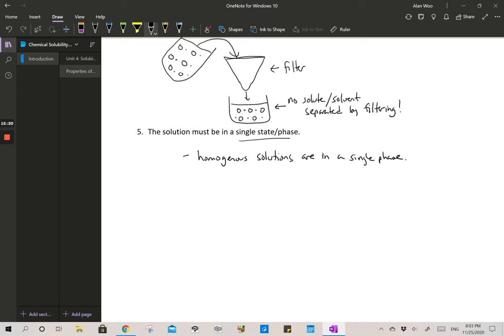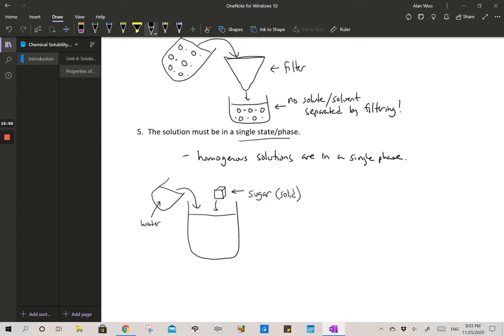So when you look at something like this, let's say we have water and we drop in a cube of sugar. Now, by the looks of it, we have more water than sugar.